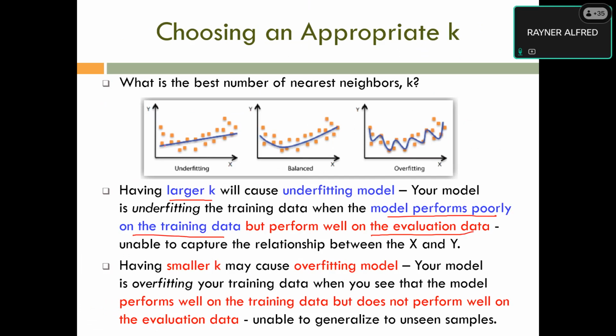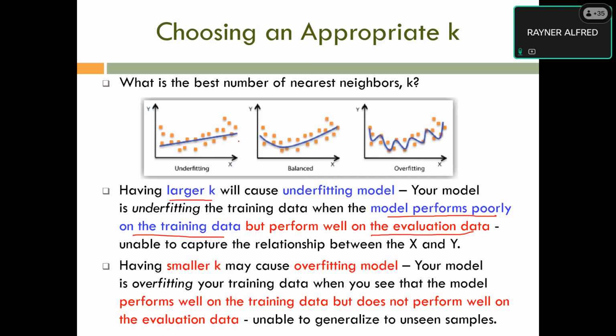Because when you have a straight line, the distance between the line and all the samples that you have will be bigger. Okay, so when you do the actual testing, your model actually gives you higher accuracy, but during the training you will have lower accuracy.